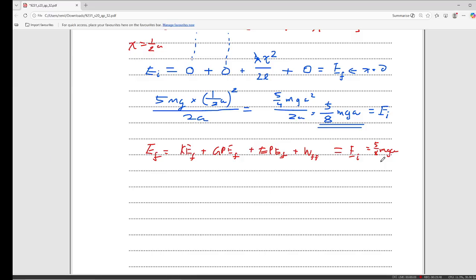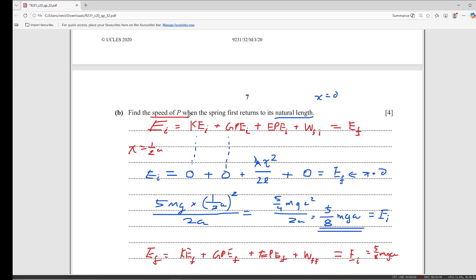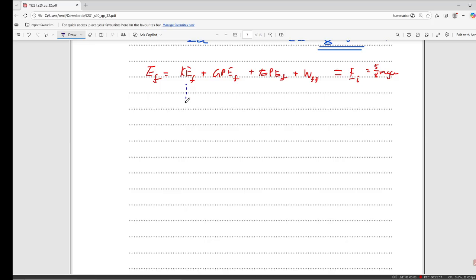Okay, now it's easy from here. You're supposed to find the speed of p when it first returns to natural length, which is basically a. We need to find the speed of p. Let's call that v. Okay, so kinetic energy will be half mv square. Energy F equals half mv square.